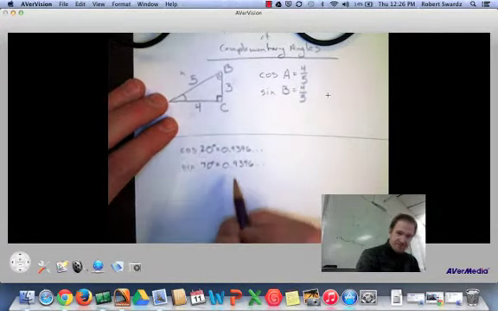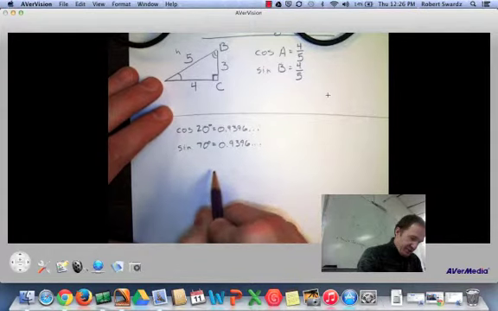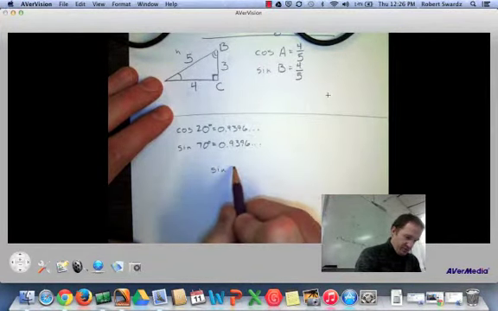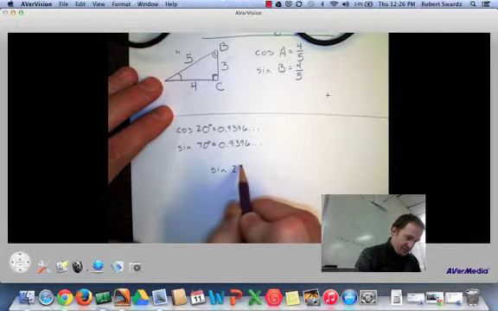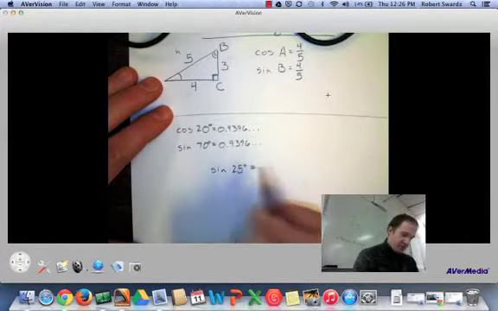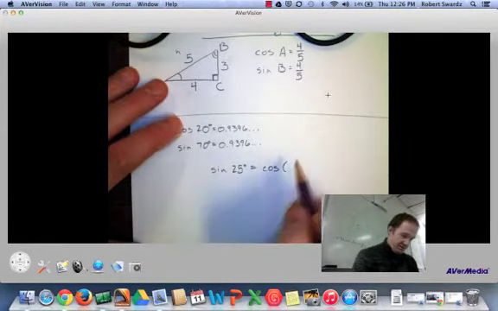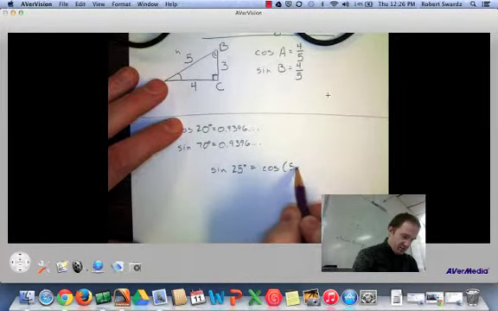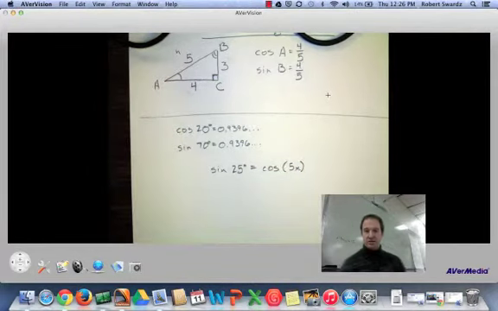Let's say we have an equation that we've got to solve. Let's say the sine of 25 degrees has to equal the cosine of 5x. We want to solve for x.